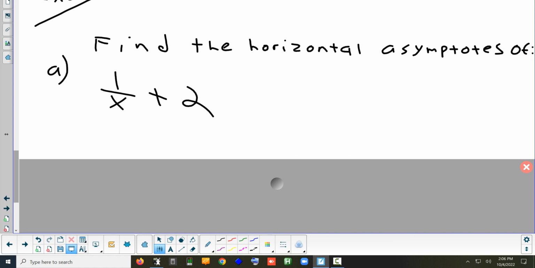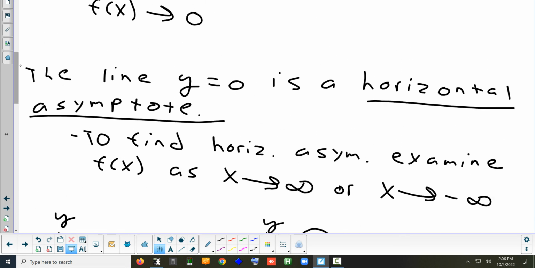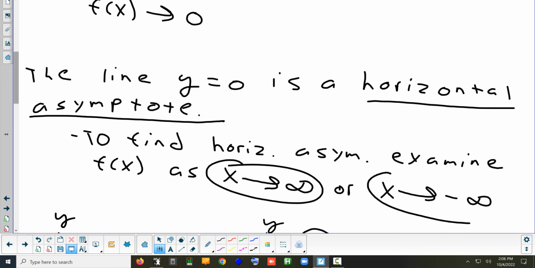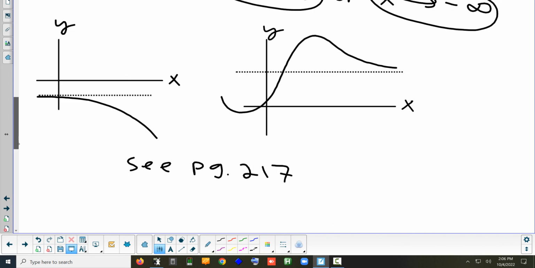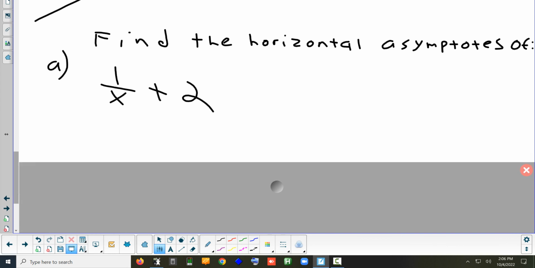So to find the horizontal asymptote, in your head, let x get bigger and bigger as a positive number, or think of it getting smaller and smaller, negative 1,000,000, negative 10 million. And think about what would happen if you plugged that in to the formula.